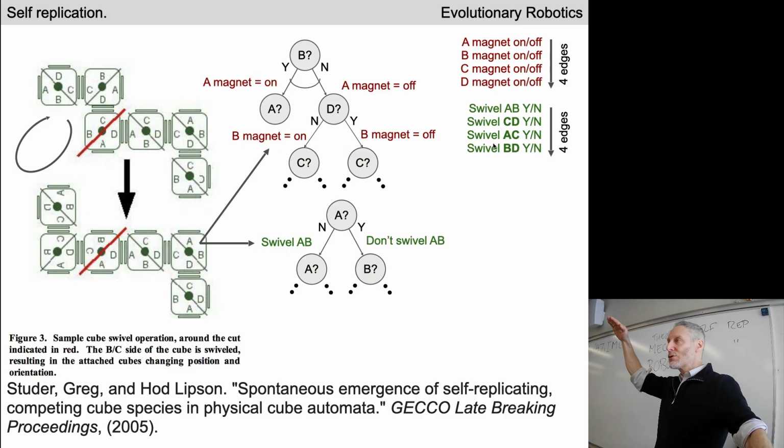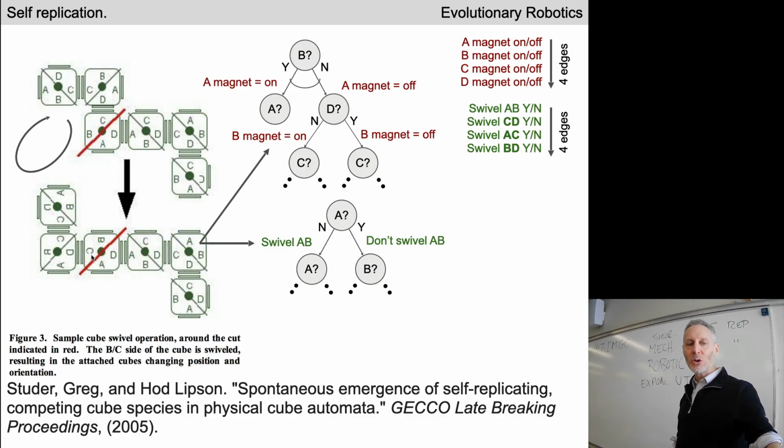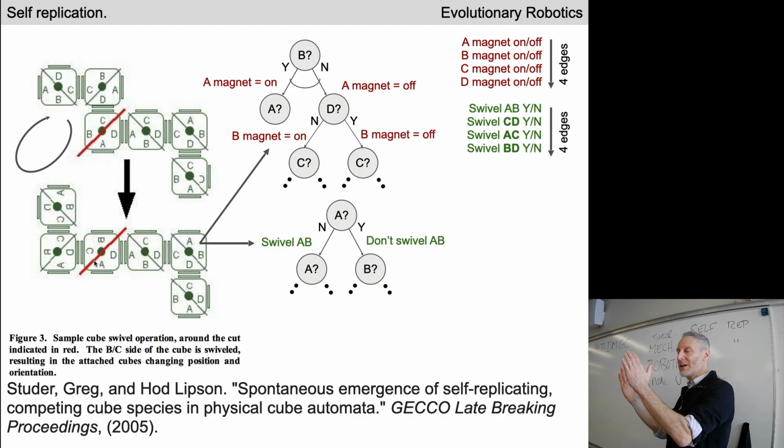As we get down into the third level of this tree, we're going to try and swivel AC, which is up and down here. This is undefined because they're not on the diagonal. You'll notice some of these cubes, A and C, are next to one another.